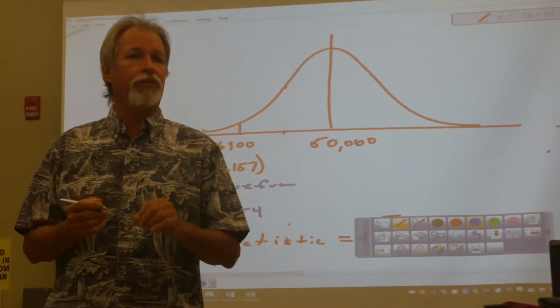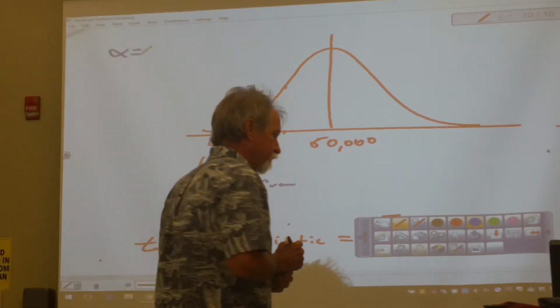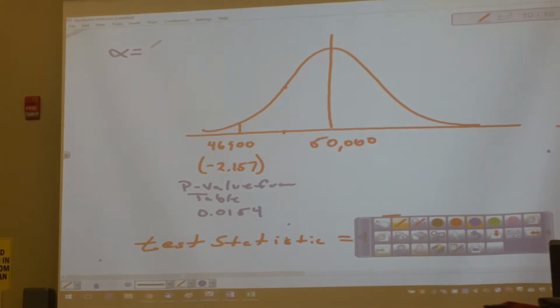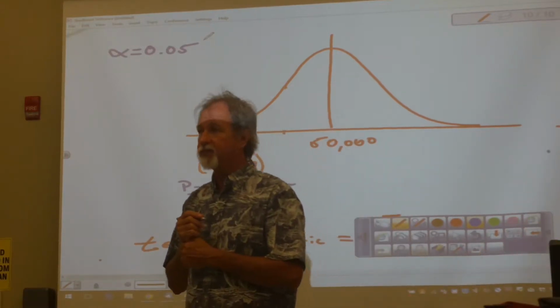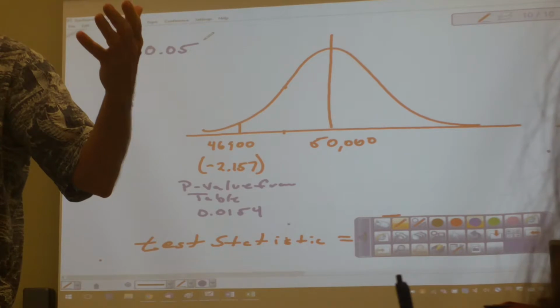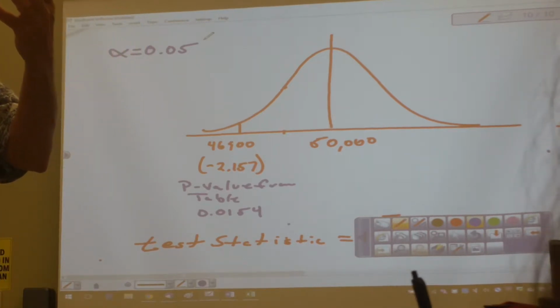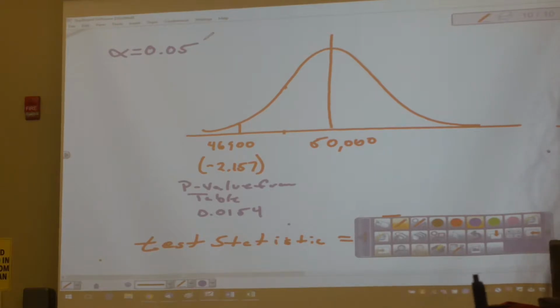So the default alpha, if alpha is not given, is 0.05. 0.05 is always my default alpha if alpha is not given.